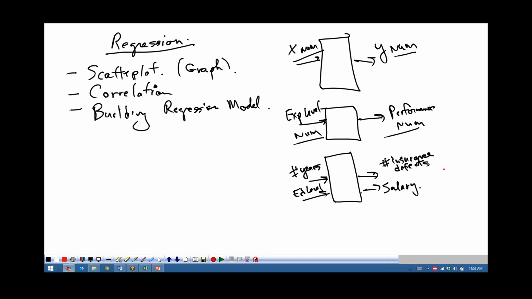And I like how you guys are coming up with examples. Let's take the second one, salary versus education level. This could either be a cat or a num. It depends on how you collect the data. If you collect it like 1 through 12 or 1 through 16 or whatever that number is, then it's a number. If you collect it as high, medium, low, it may be a cat.